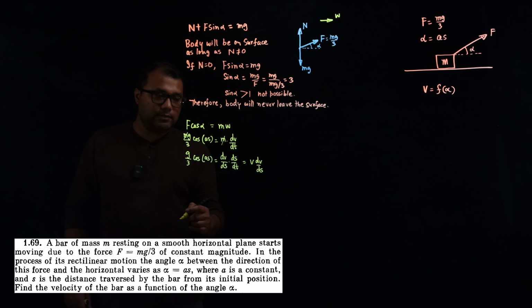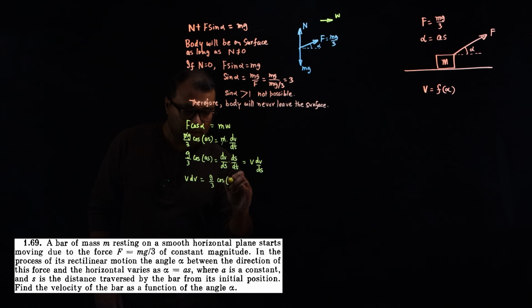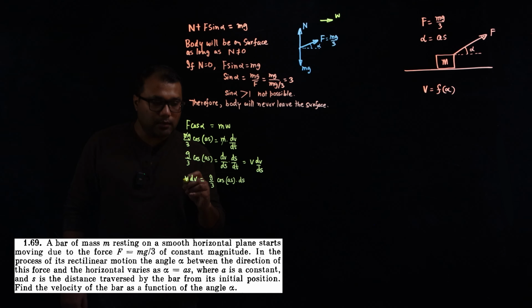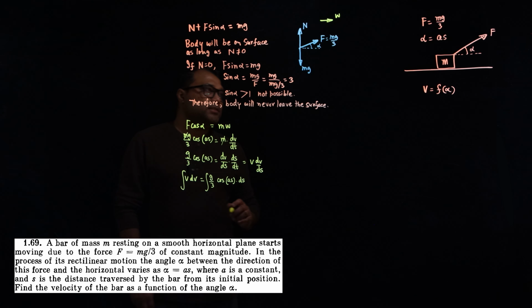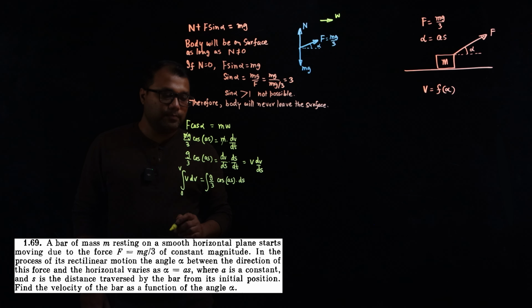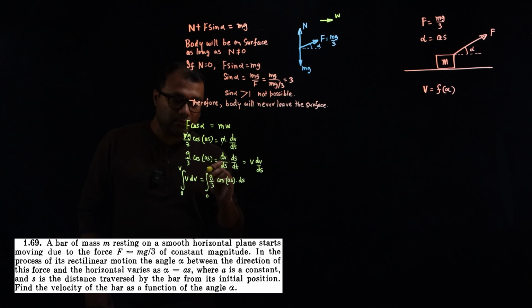Now let's take ds that side, so we get v dv equals g by 3 cos as ds. Now we integrate both sides. Since it starts moving, the limit is 0 to v, and displacement when it started was 0 to s.